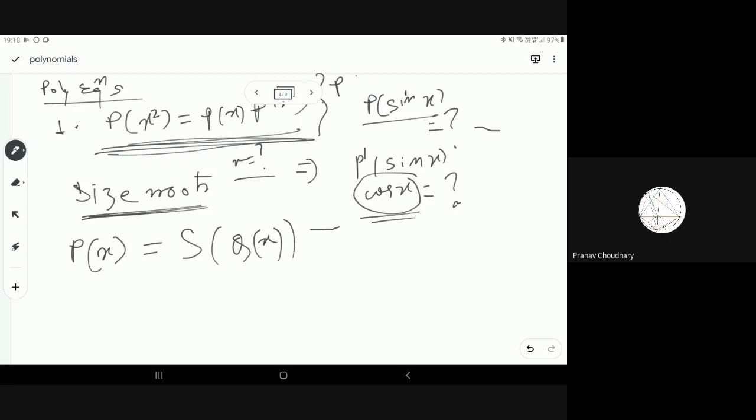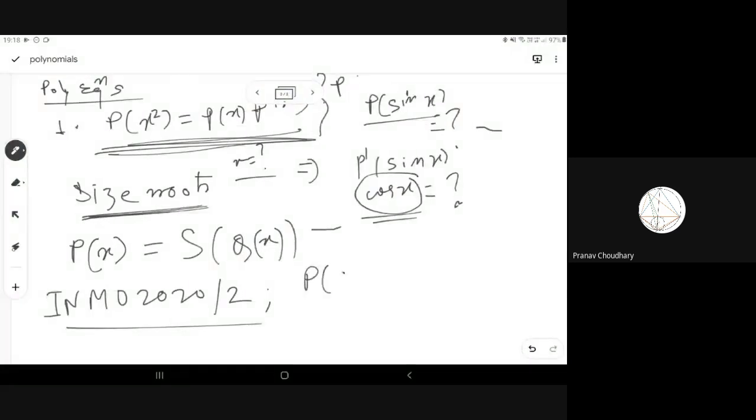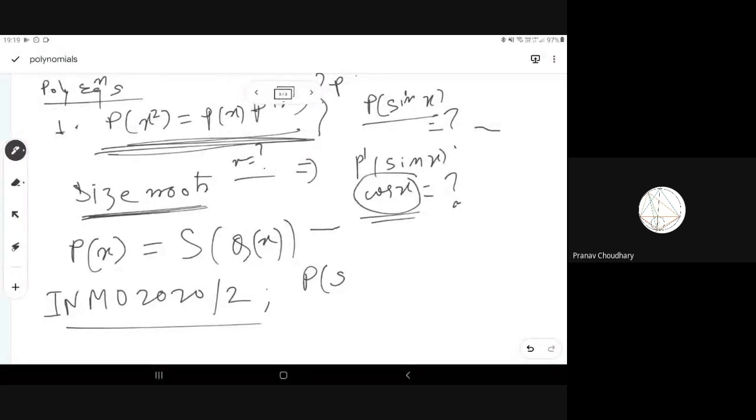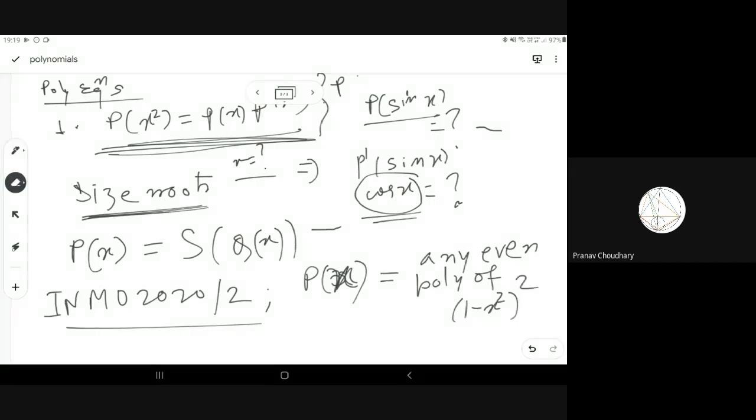If anyone remembers the INMO 2020 problem number 2, you had to find solutions to P of sine theta plus cos theta equals sine theta minus cos theta, I guess. In that problem the solution was P of x equals any even polynomial of 1 minus x squared, sorry, 1 minus x square.